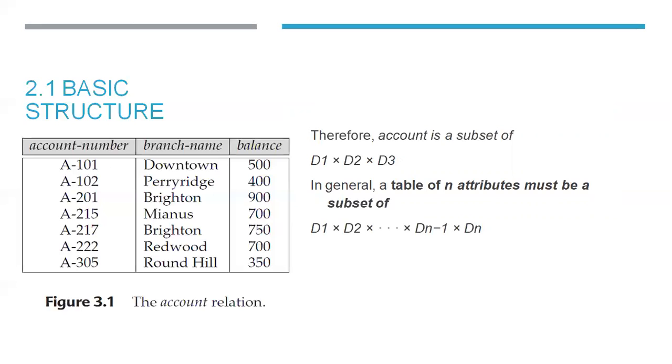So in general, a table of n attributes must be a subset of D1, D2, up to Dn minus 1 and Dn. So from all these domains, one value will be taken, and that we can consider as an account row, account entry, we can say. So this is what the basic structure. I hope you understood this. Though it seems very difficult, it is not at all difficult.